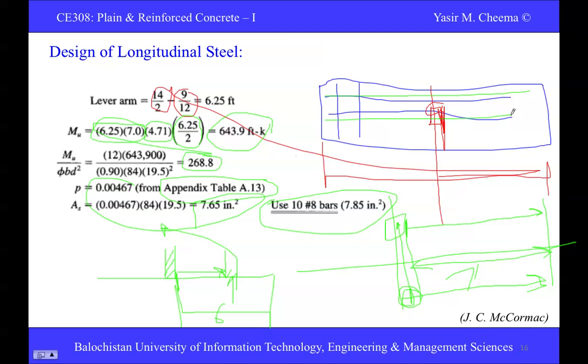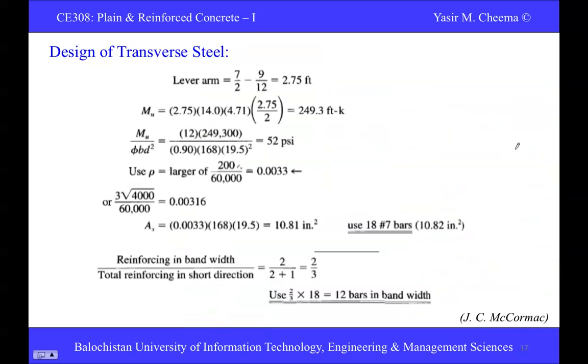Now we have to move to the transverse direction. For the transverse direction, again we will determine the lever arm. The calculation is the same way, but in the other direction. So now we have to calculate the lever arm in this one here. This is our lever arm.